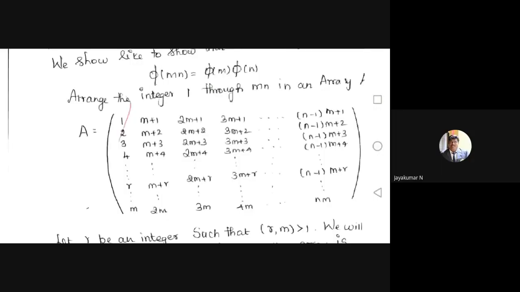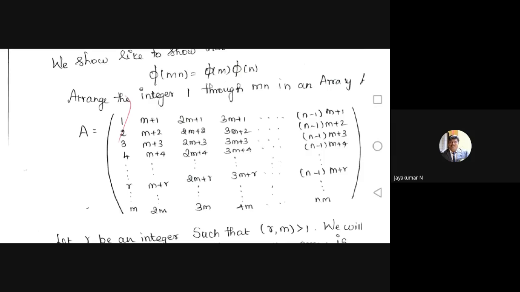That means m plus 1, m plus 2, m plus 3, m plus 4, up to m plus r, and m plus m, which is 2m. So at 2m the second column ends.